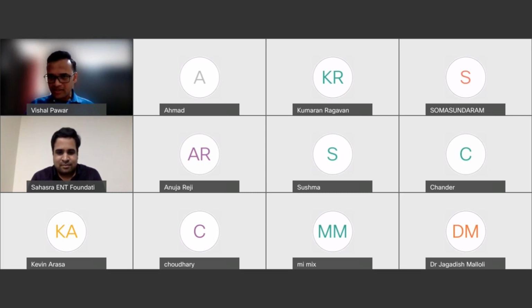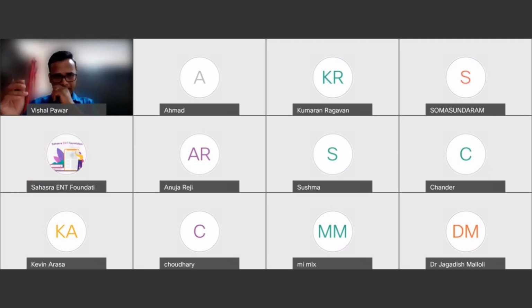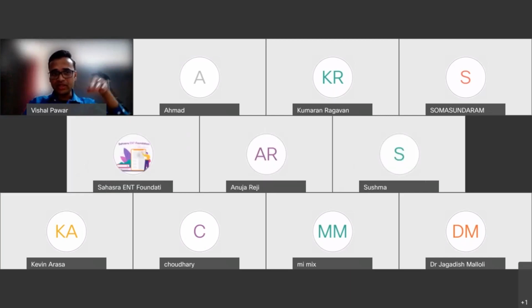I think there are certain comments, like Dr. Chaudhary, aphasia symptoms with vertigo. If the patient has speech disturbances, it's very important to differentiate between dysarthria and aphasia because both are different.